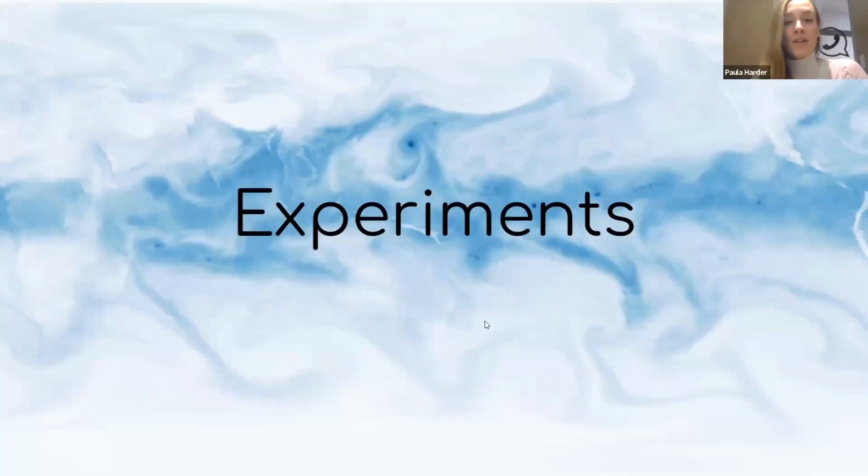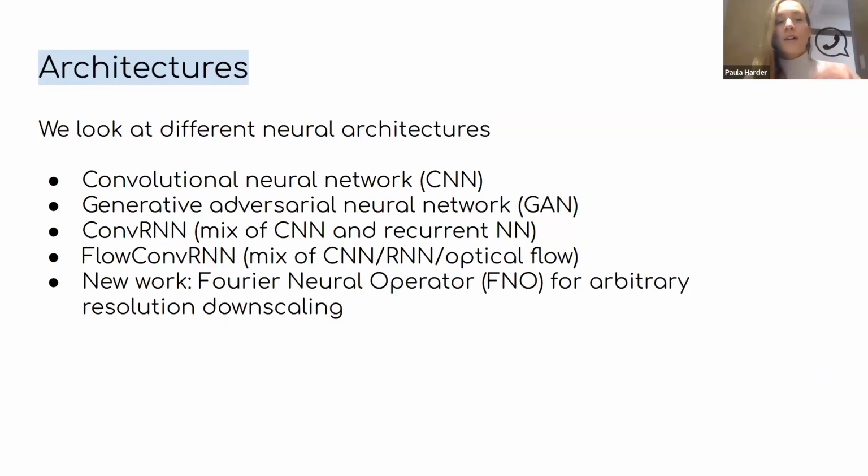And then the types of experiments we did, we wanted to look at a variety of architectures. There's the standard CNN that is, I think, still the most common choice for downscaling tasks. Of course, GANs become more popular. Then for the temporal stuff, some mixture with recurrent neural networks.